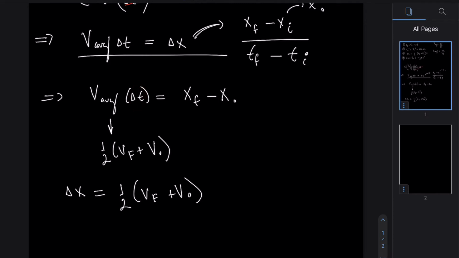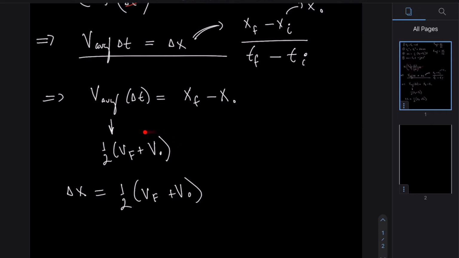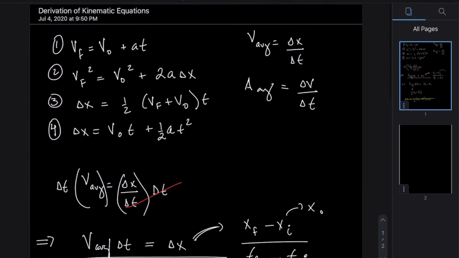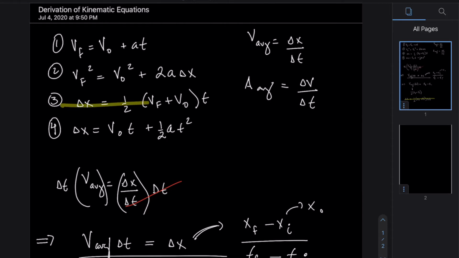So all we're really doing is taking the same equation right here and just replacing this v average with an equivalent expression, right? And this is the same as this right here. So there, one down. Let's keep going.